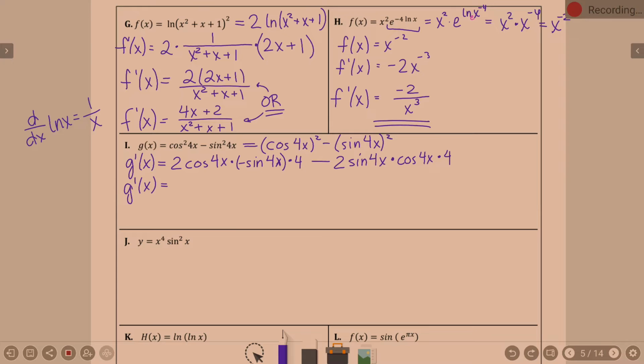Okay, on the first term, do you see the 2, the 4, and the negative sign that can all go out front together? 2 and 4 and a negative is going to be negative 8 cosine 4x sine 4x. Good?